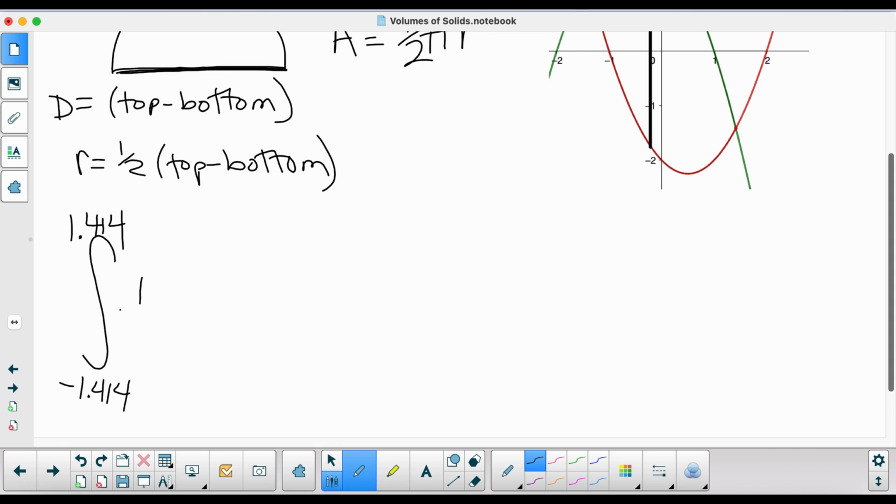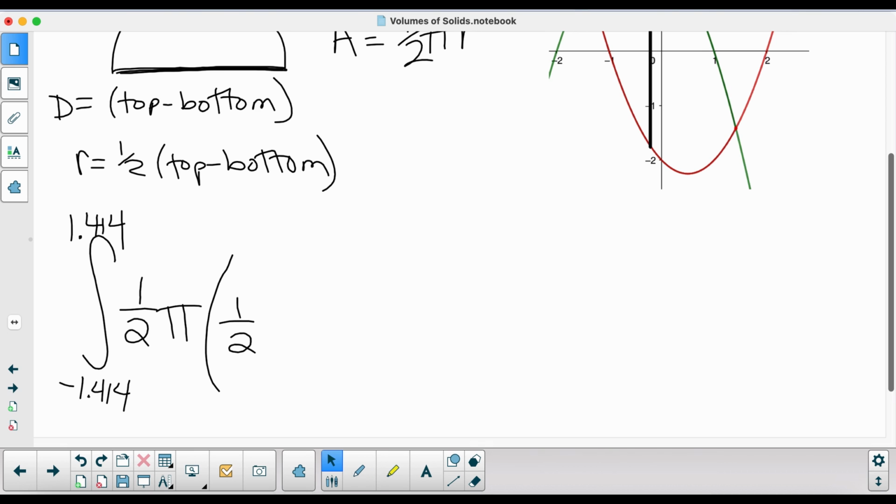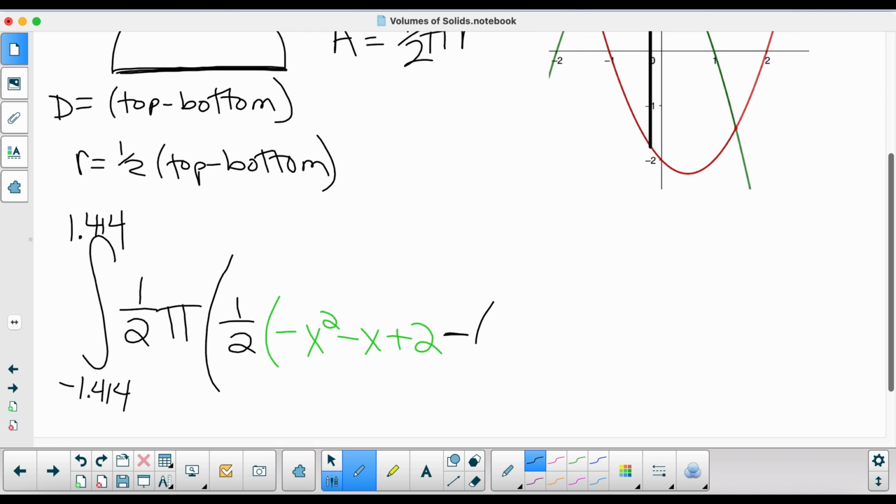And you have 1/2 pi. Now you have your radius being squared. Well, your radius is 1/2 times your top function, negative x squared minus x plus 2, minus your bottom function, which is x squared minus x minus 2.